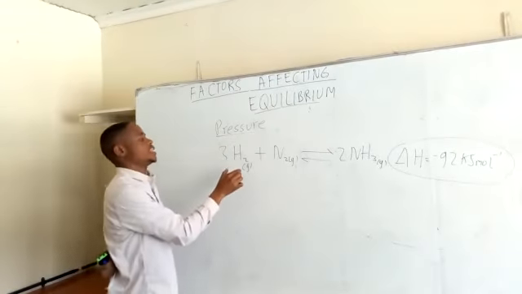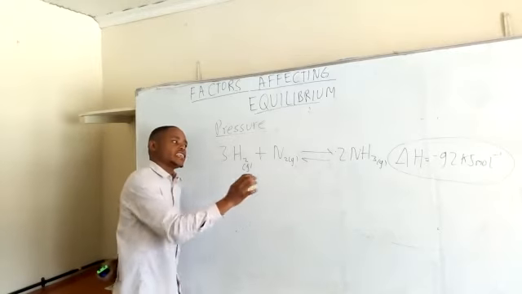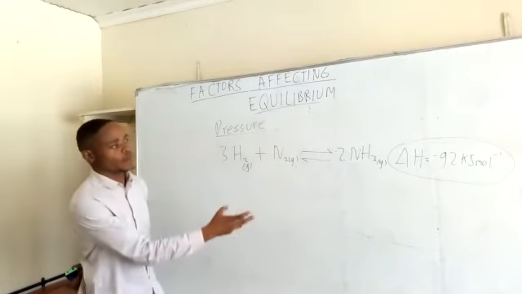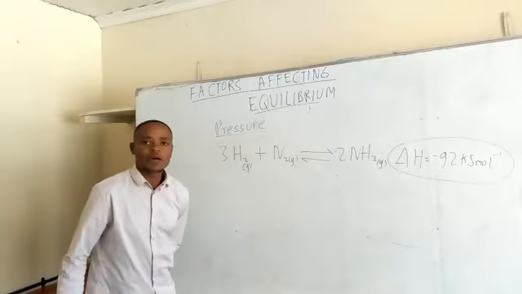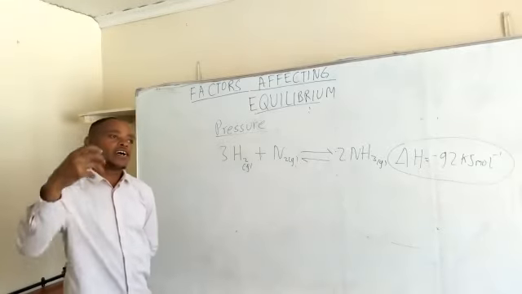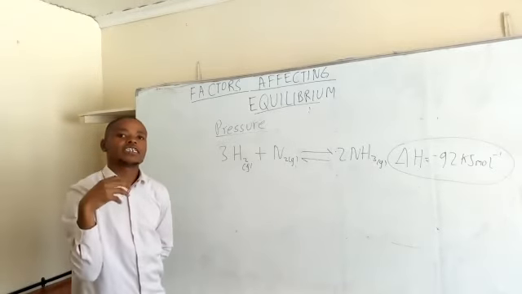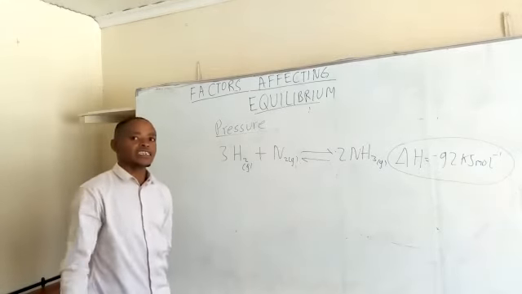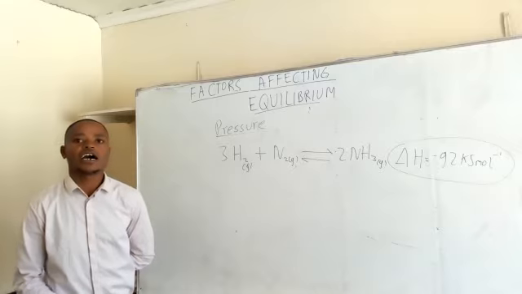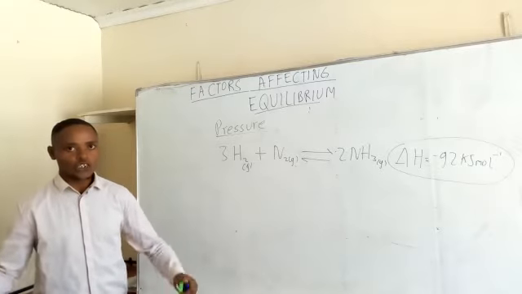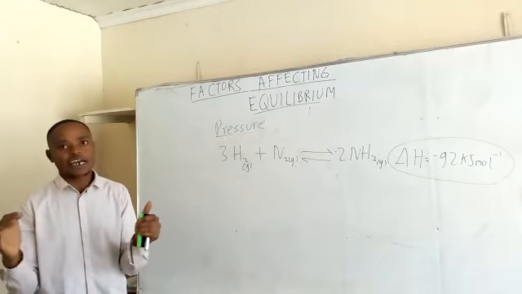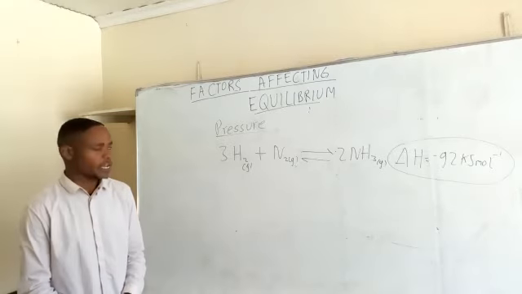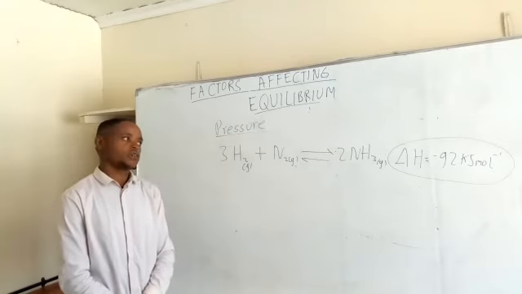For instance, in our case here, we are using hydrogen gas and nitrogen gas to form ammonia gas. Remember, as we were looking at the factors that affect the rate of a reaction, we said pressure has the same effect as that of concentration.